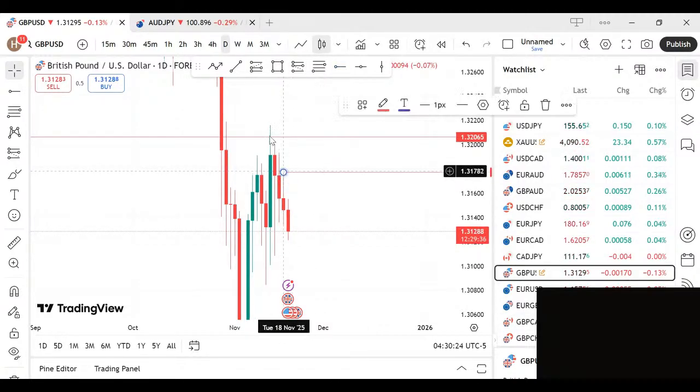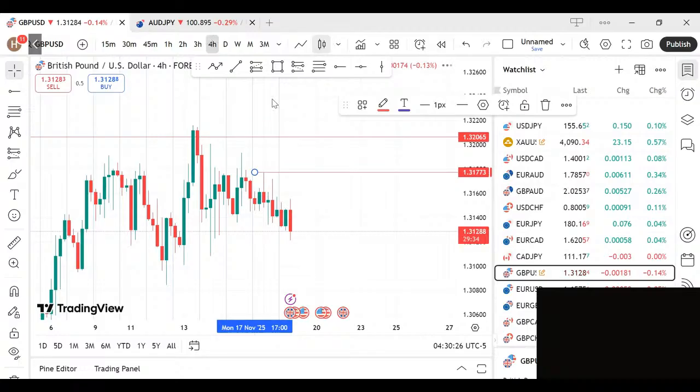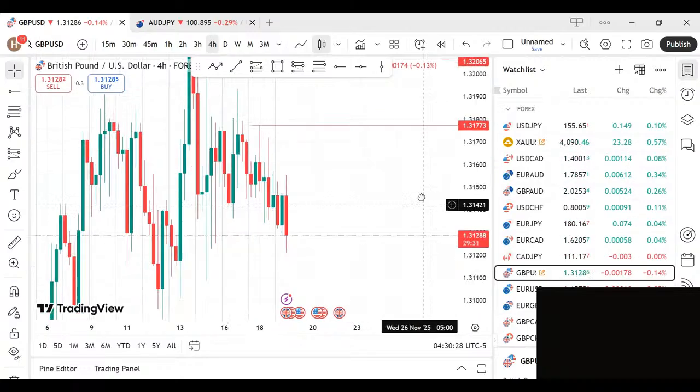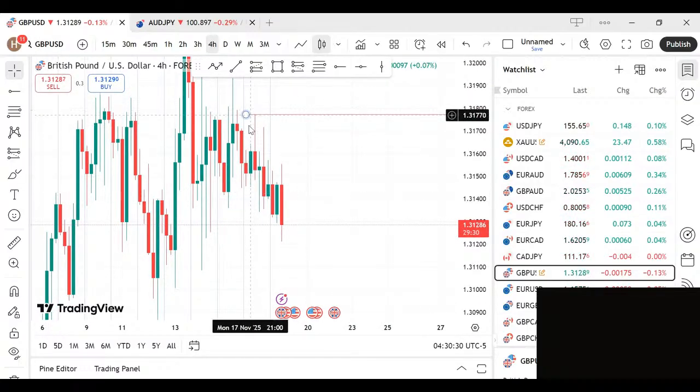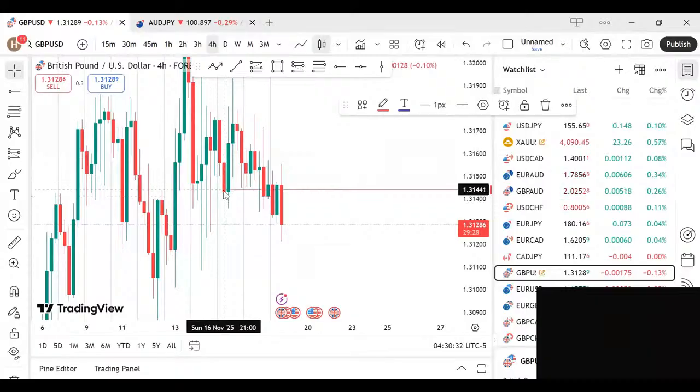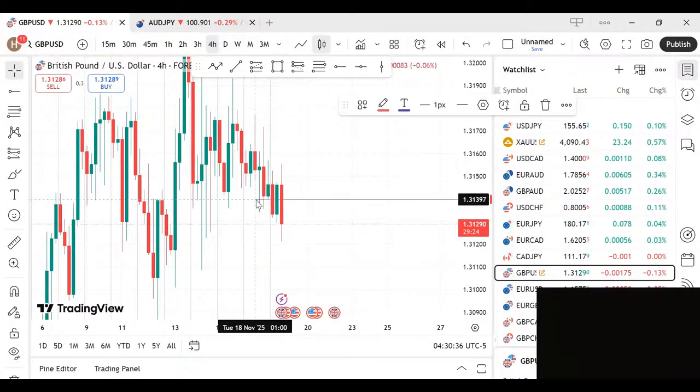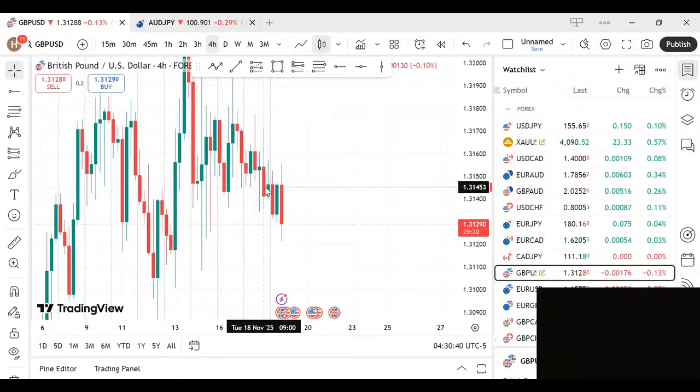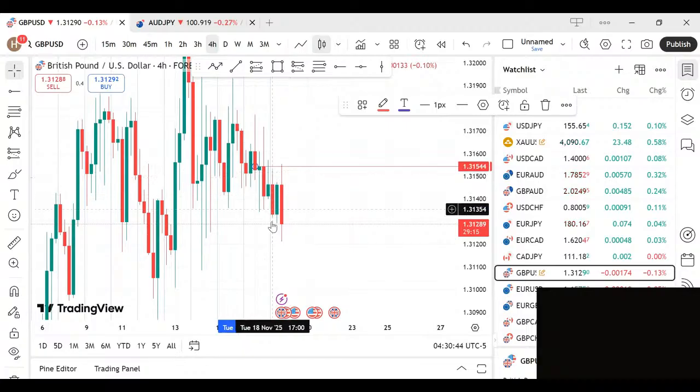All you just have to keep looking for is sales. So I'm going to be trading GBPUSD today, looking for sales at the zone. This was the recent breakout, and price already even took it out. So keep looking out for sales, and that's what price is doing at the moment, selling, selling.